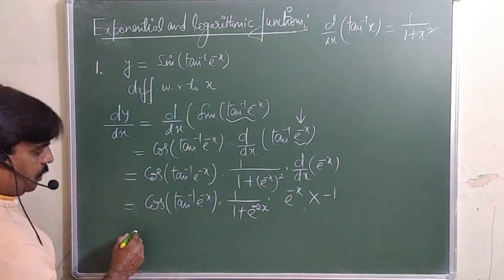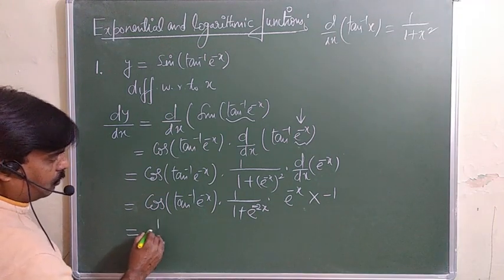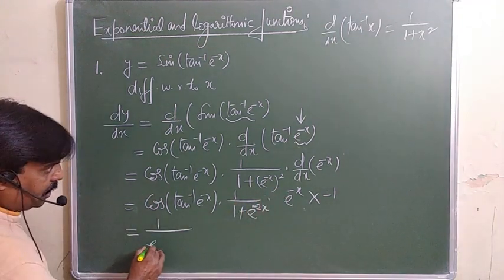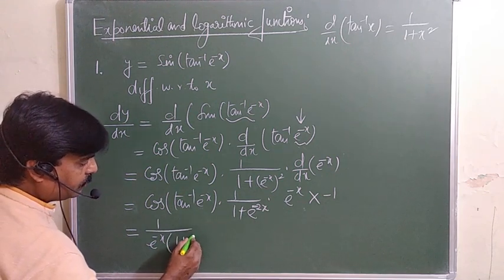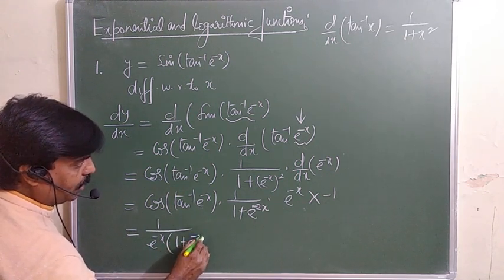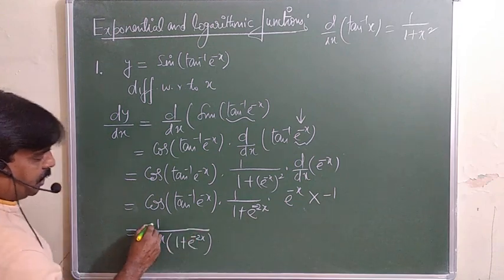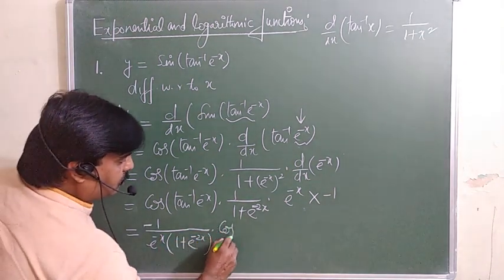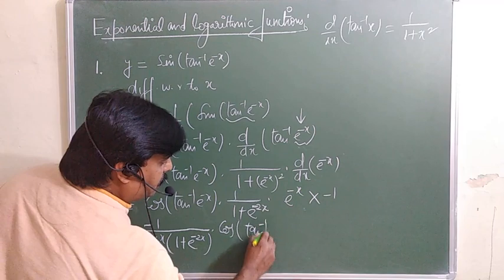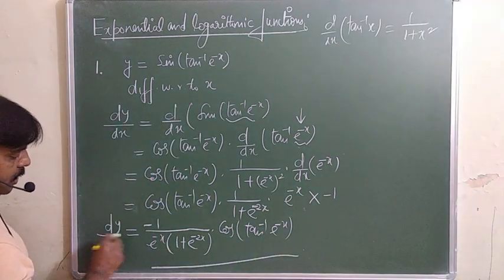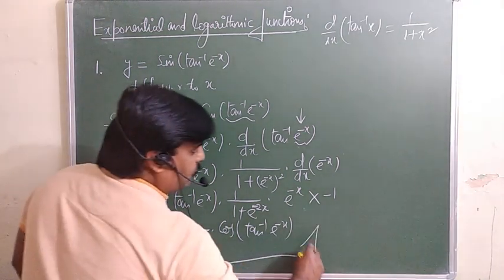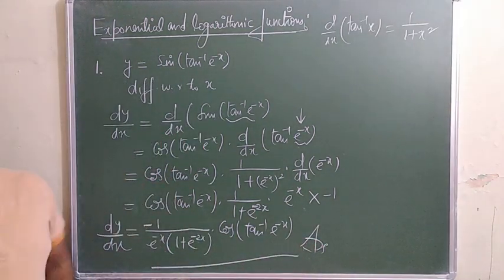So finally you are getting 1 over, this can be written as e raised to power minus x into 1 plus e raised to power minus 2x, minus 1 into cos(tan inverse e raised to power minus x). So this is the dy over dx of this function, and that is your answer. Have a look.